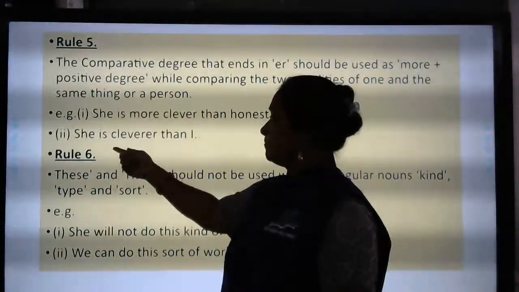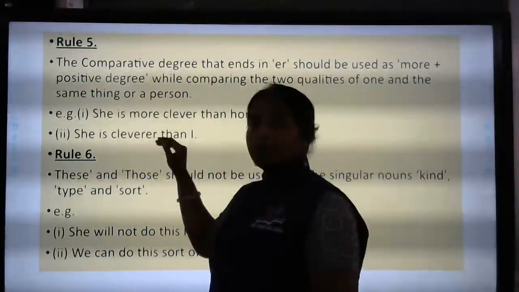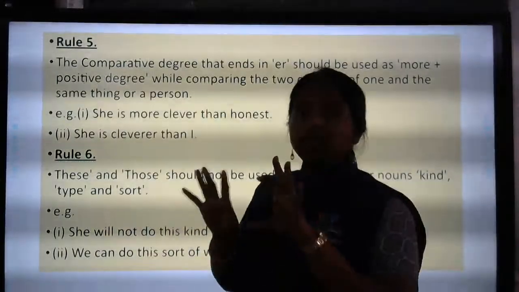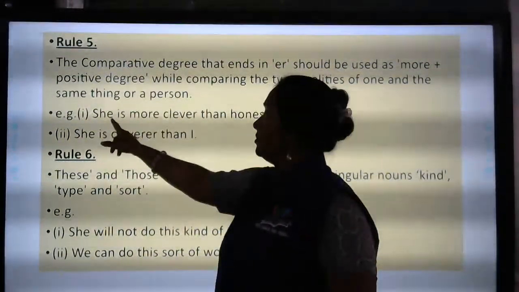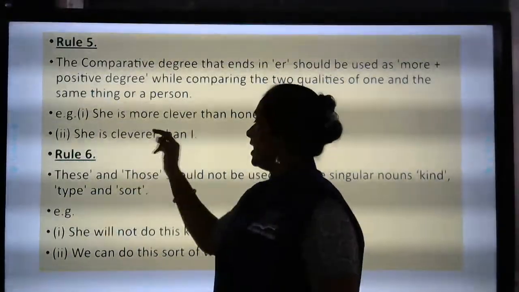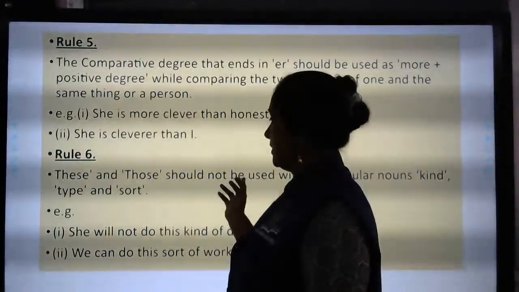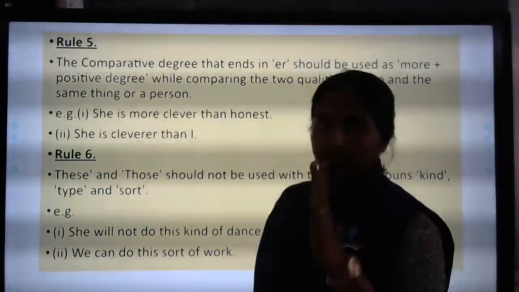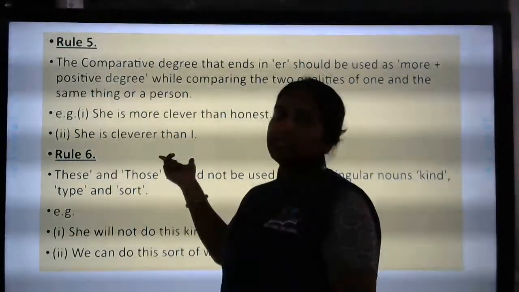Now here you will see she is cleverer than I. Now comparison is made of that quality, but between two different people. Here for this one girl these two qualities were given, but here she and I, two different persons, are compared, and that's why you see cleverer in the sentence. So she is cleverer than I.